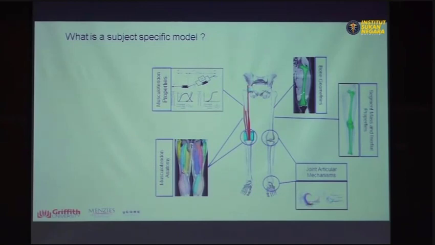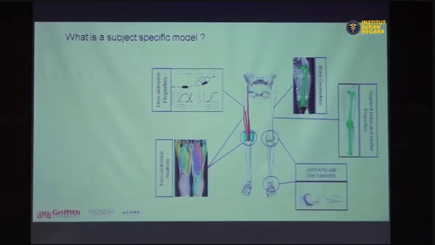So sometimes, for example, bone geometry comes from an MRI, but if you delineate the circumference of the leg, you can add that to the model as well.